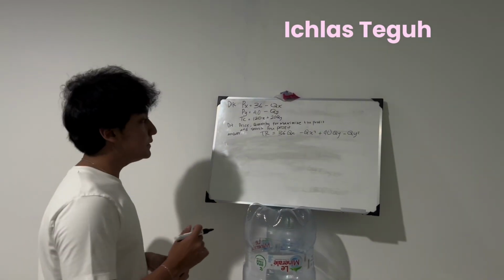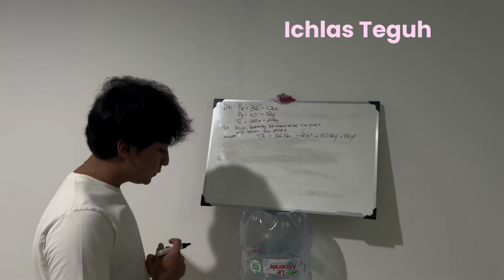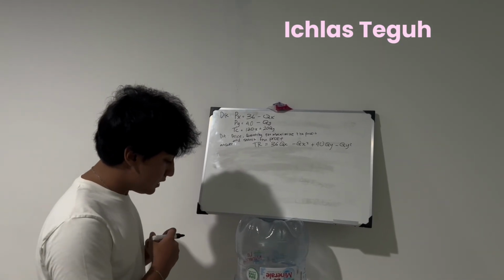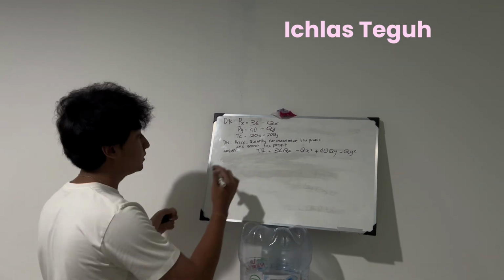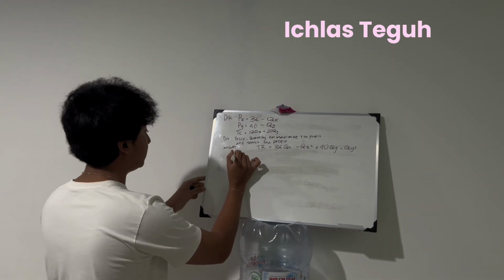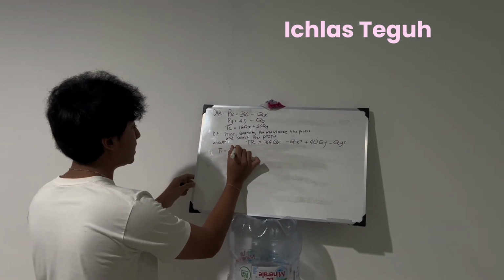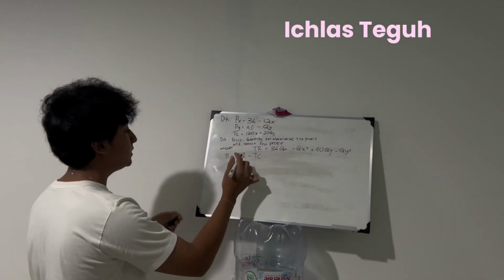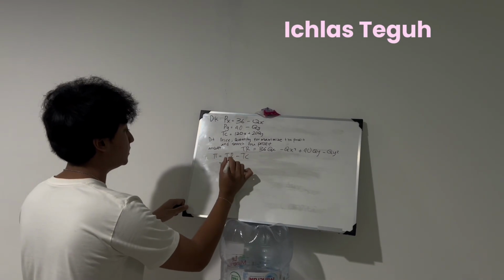And then the next step is to create the profit function. Next, we subtract total cost from total revenue to get the profit function. The formula for the profit function is TR minus TC. We have TR and TC, so we put them into the formula.